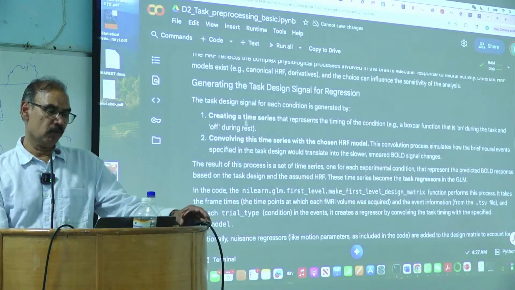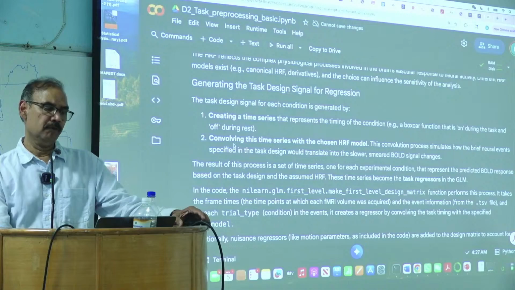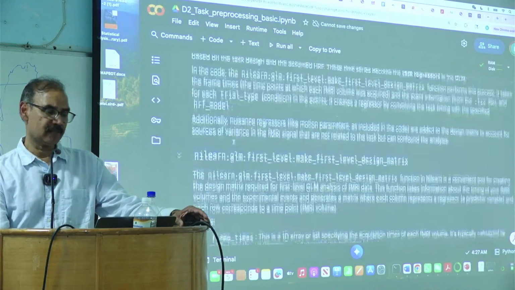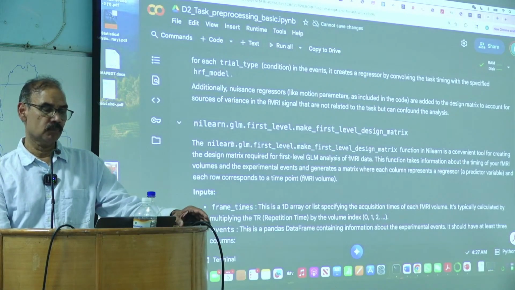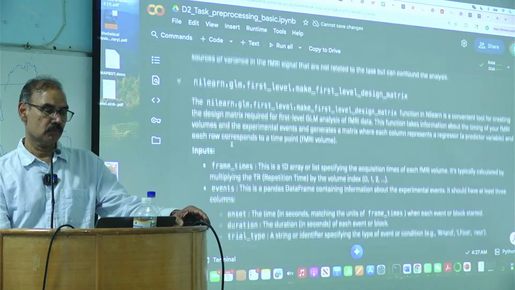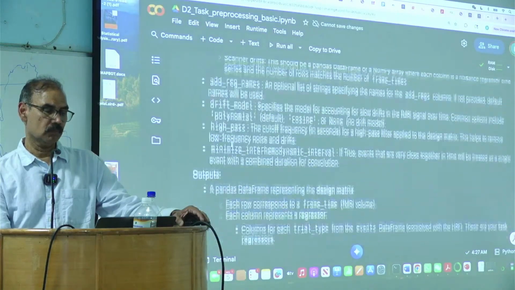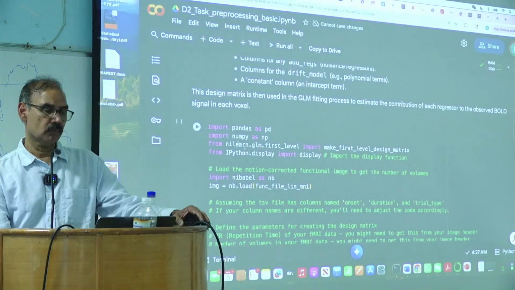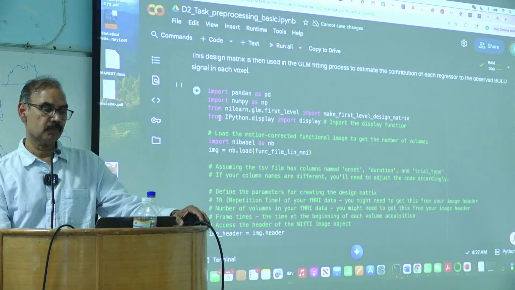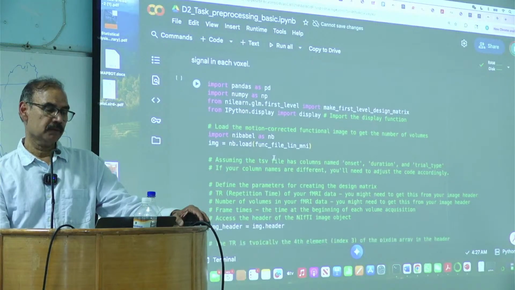And for GLM, we have to generate a task design. So here we are generating this.